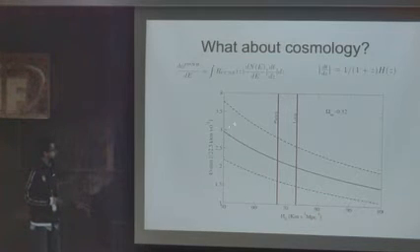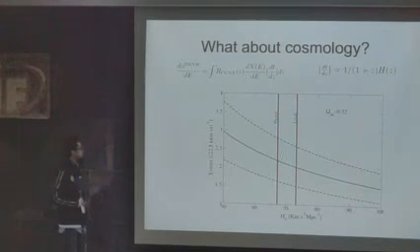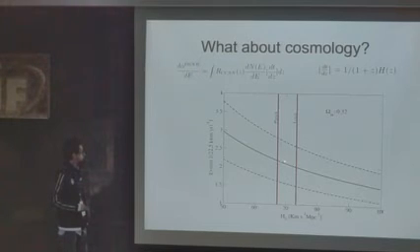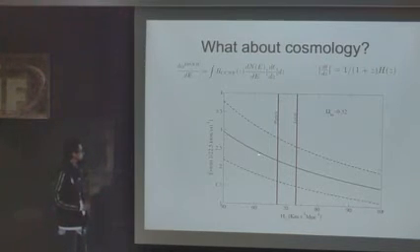For instance, in this case, we have the predictions for the number of events that you are expecting as a function of the Hubble constant. And as you know, there is some controversy between the values of H0 fitted by Planck or fitted by the local measurements. So in principle, if you have a very precise determination of the number of events, you can see that the number of events is sensitive to the value of the Hubble parameter.